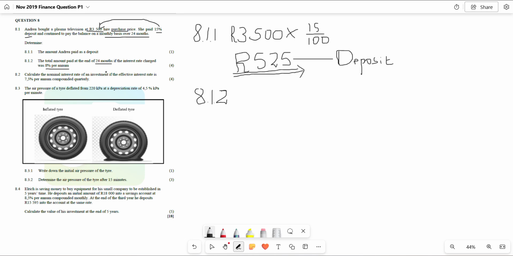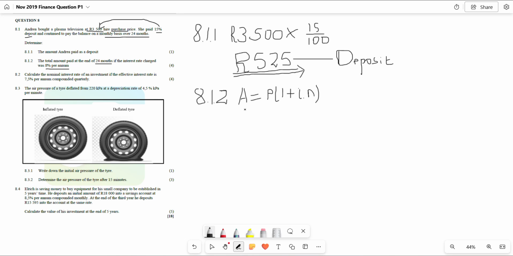Then we are going to start by writing the formula, which will allow us to answer this question. The simple interest formula says A equals P in brackets 1 plus i multiplied by n. If we are required to calculate the total amount to be paid for the duration of the contract, then you are required to use the simple interest formula, because hire purchase uses simple interest.